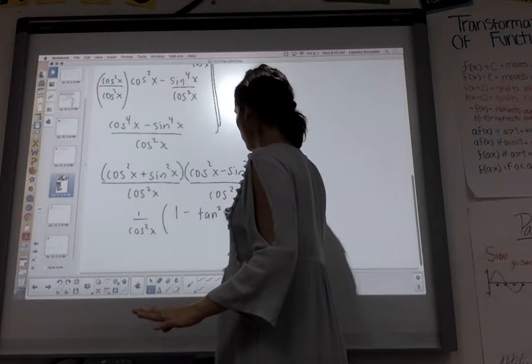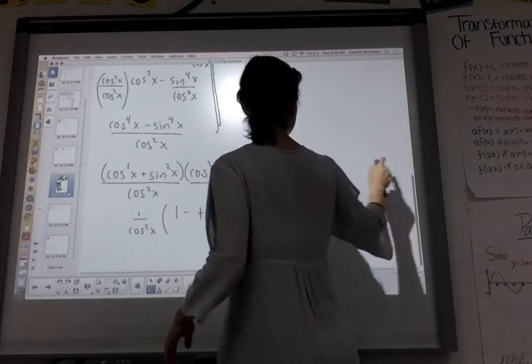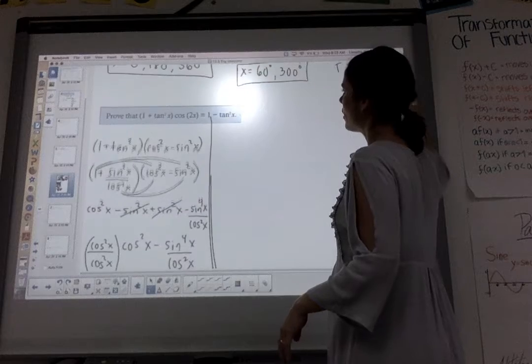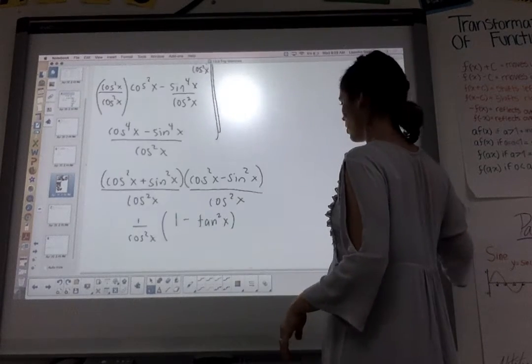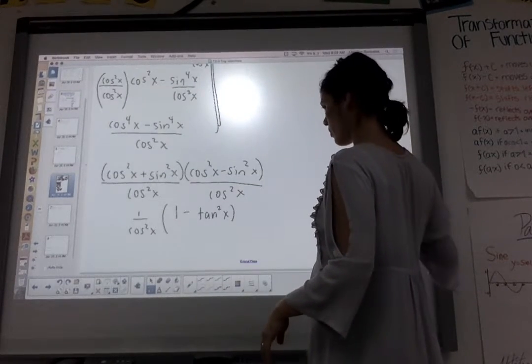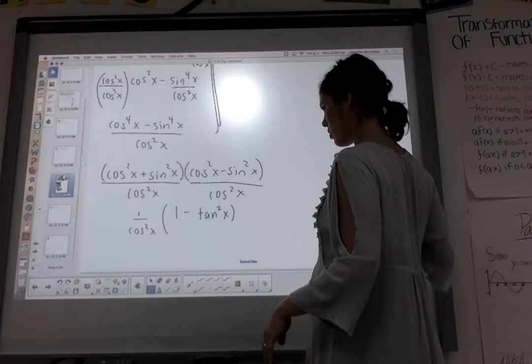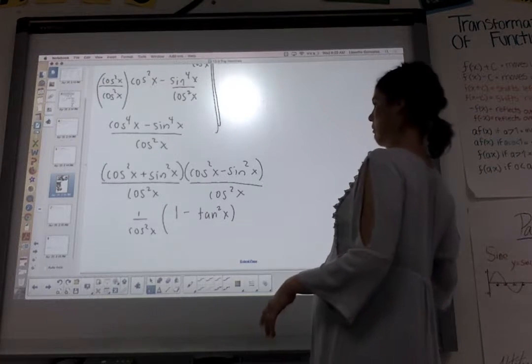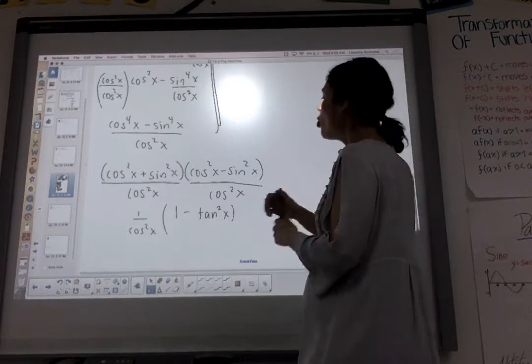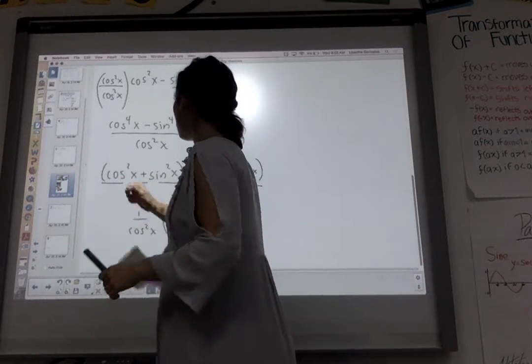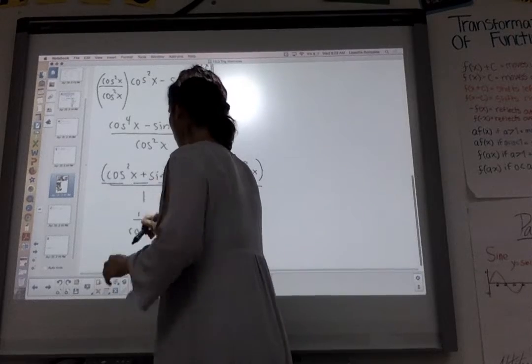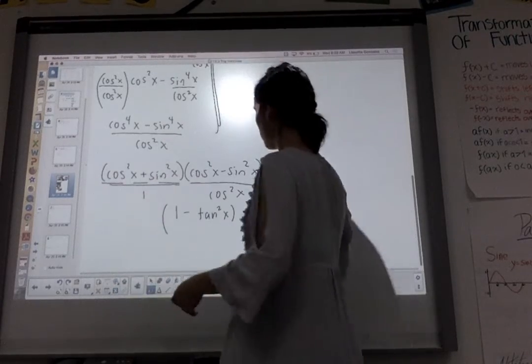Sine over cosine is tan, and cosine over cosine is just 1. This is over 1. So I'm done. Okay, it worked.